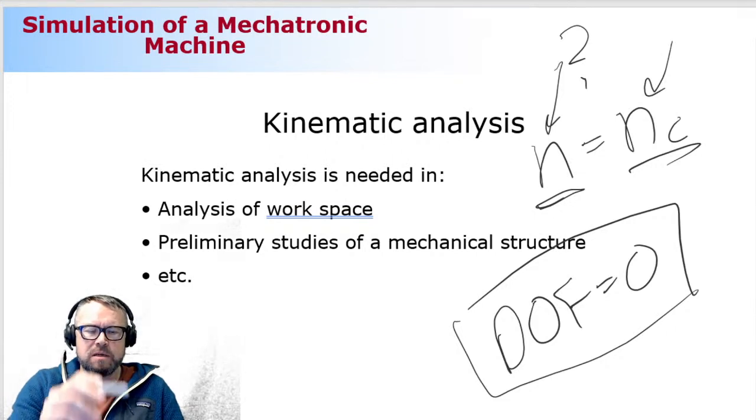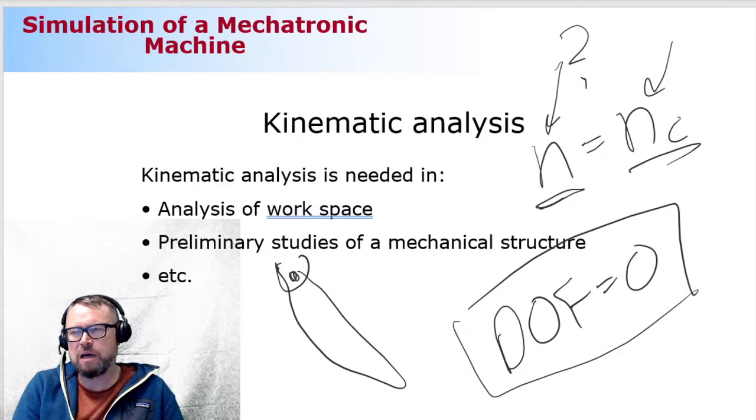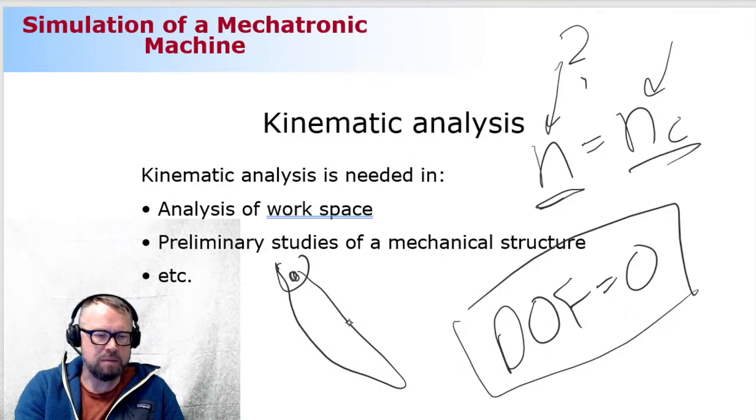All right. Let me describe a hypothetical system, which is a pendulum. Sorry about the low quality drawing, but the pendulum initially has 1 degree of freedom, because of the one body, 3 generalized coordinates, and the revolute joint, 2 constraint equations, so that's 1.